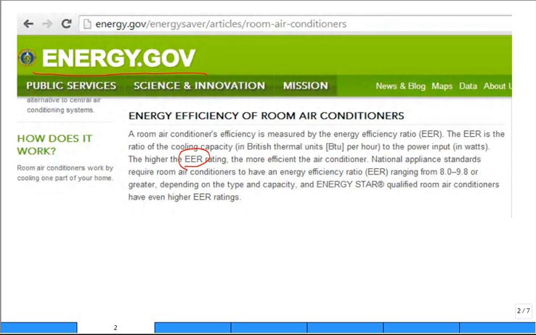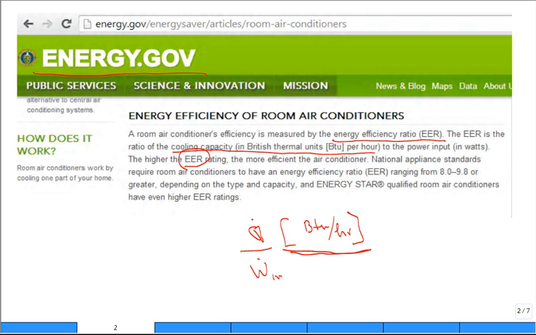And so the energy efficiency ratio, EER, is measured as the cooling capacity in BTUs per hour, Q dot, divided by the input power, W dot in, where that input power is in units of watts.